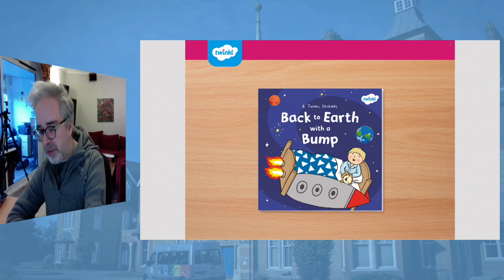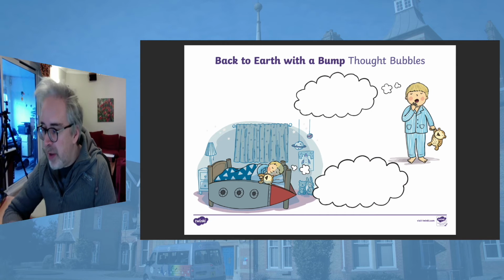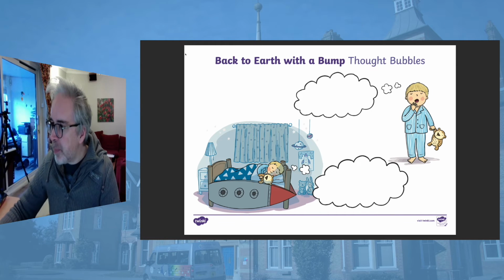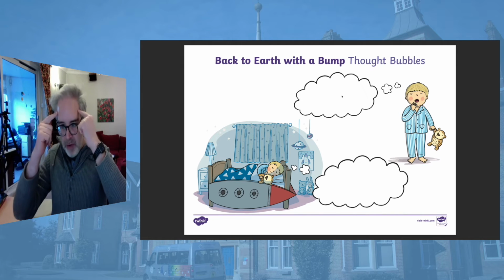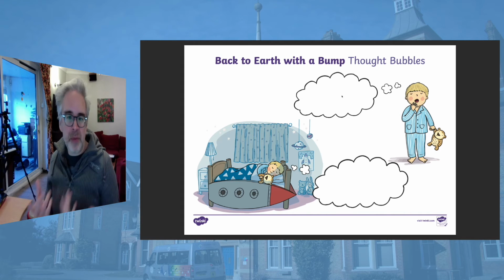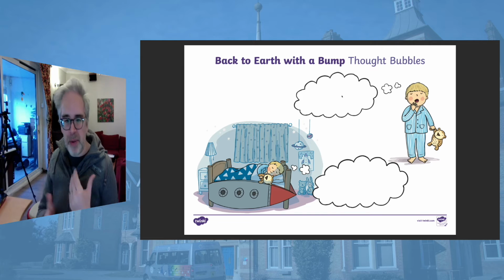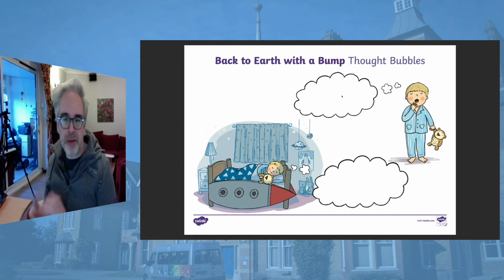Okay, so I'm going to switch across so you can see the other screen here. These are our thought bubbles. Thought bubbles are different to speech bubbles. They're not what the character is actually saying, but what the character might be thinking at this point in time. So it's a little bit more open to interpretation. You have to base it on the story and what's happening within the story.